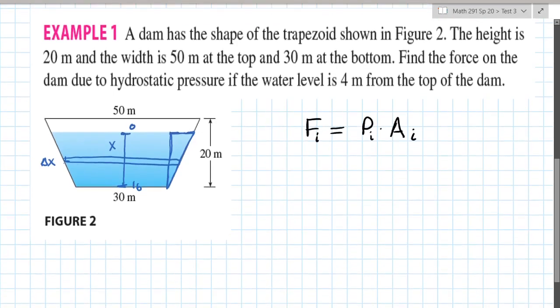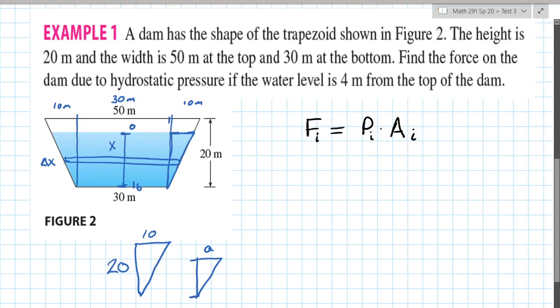So looking at the right triangle that we're dealing with here, if we were to extend these lines up to the top, then we would have 30 meters here and then 10 meters on either side, which gives us a 30 by 20 triangle, and a similar triangle of, we could call this A by, we need the height of this triangle, and the height of this triangle would be 16 minus x, because remember we want to get the A in terms of x.